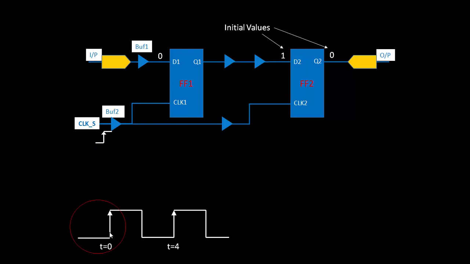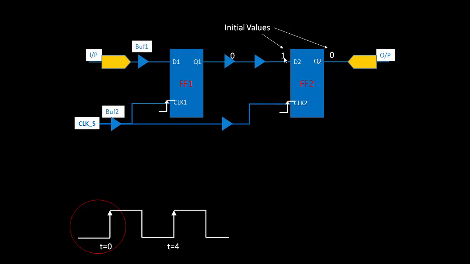Everything is the same. Now from here, this reaches here, 0 is transferred here, this edge reaches here, and this one is transferred here. If you want to see that the positive edge reaches FF2 earlier than the 0 reaches here, just check it once again.